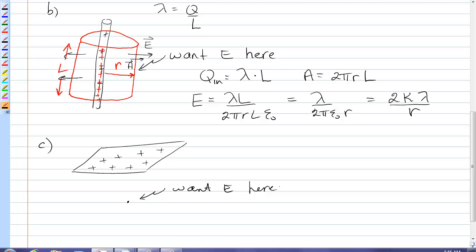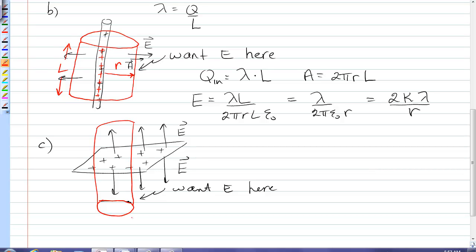However, the electric field everywhere around this sheet is perpendicular to the sheet. And so if I choose a cylindrical Gaussian surface going through this point, it will serve the purpose just fine.